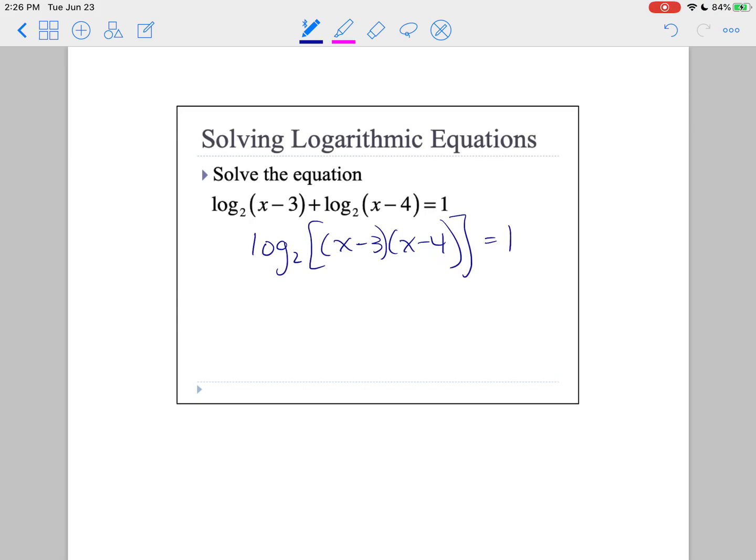So I'm actually going to multiply this out, what's inside here. So that gives me log base 2 of x squared minus 7x plus 12 equals 1.